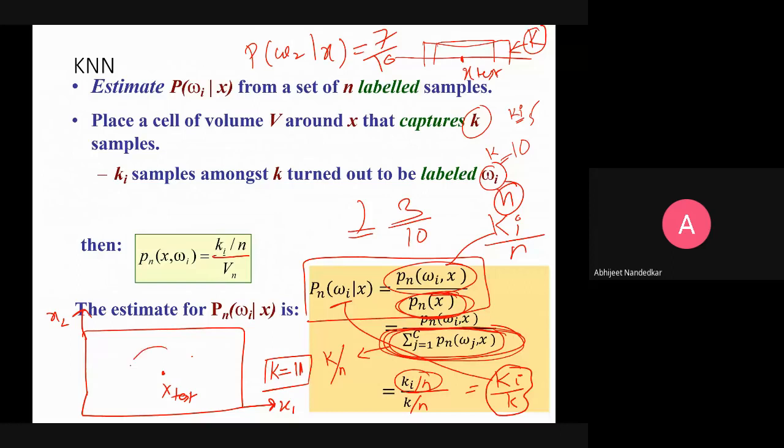Now suppose this is x test. What I do is move around and collect 11 samples around this X test.